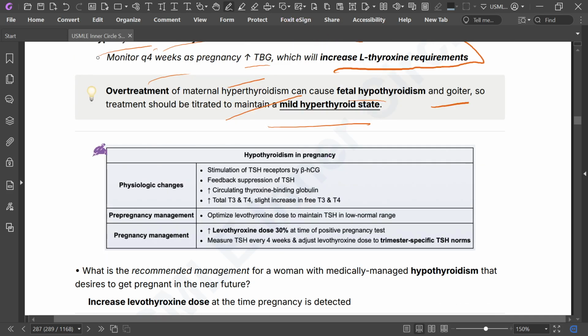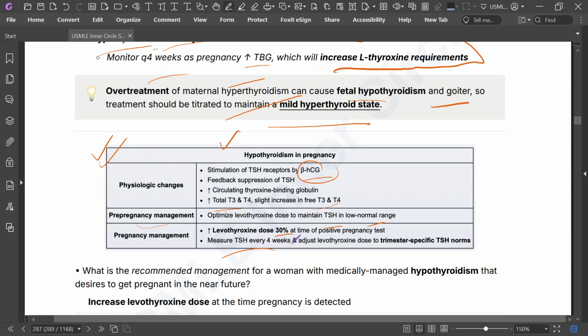Hypothyroidism in pregnancy: stimulation of the TSH receptor by beta hCG, feedback suppression, and increased circulating total T3 and T4. Pre-pregnancy management: optimize levothyroxine dose to maintain TSH in the normal range. Pregnancy management: levothyroxine dose should be increased by 30% at a positive pregnancy test.